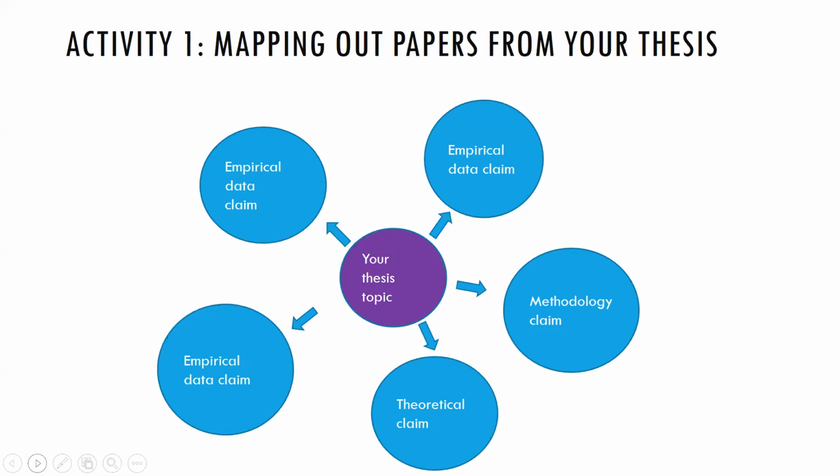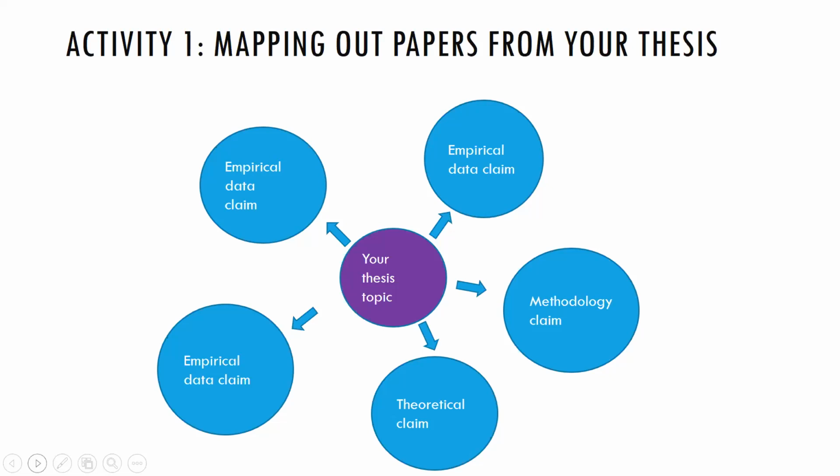You might also have a theoretical one. Often you put huge amounts of time and energy into writing a literature review. If you've done a really excellent job of the literature review, maybe you want to publish your literature review. But it's got to be driven by an argument. It can't just be a laundry list of literature, but there's a lot of journals that publish those kinds of reviews.